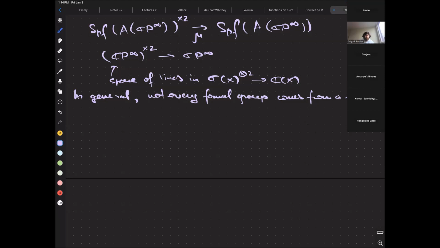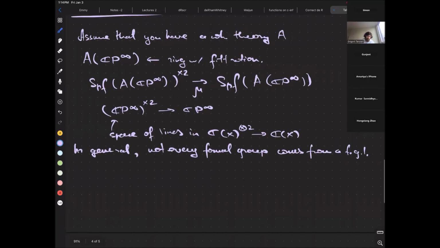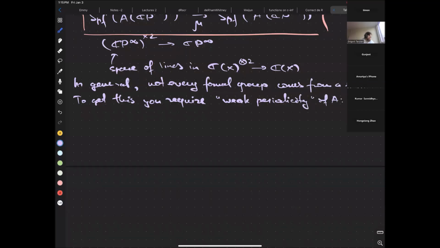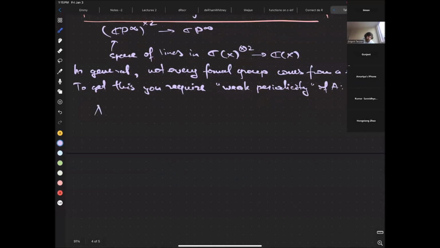So to assure that in this case, this multiplication is given by a formal group law, you require what Lurie calls weak periodicity of A. Namely that you have an isomorphism like this.